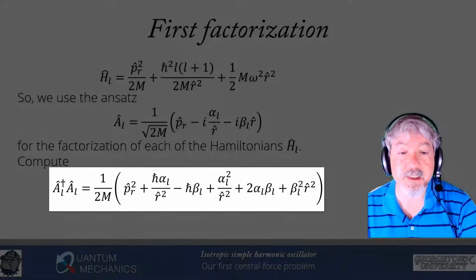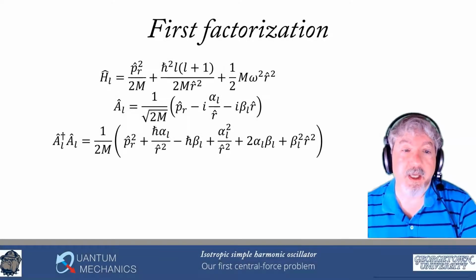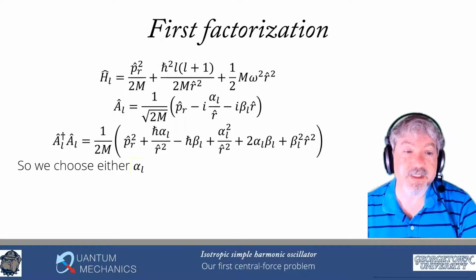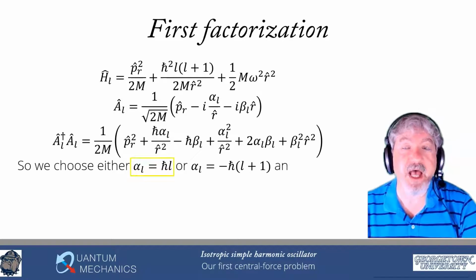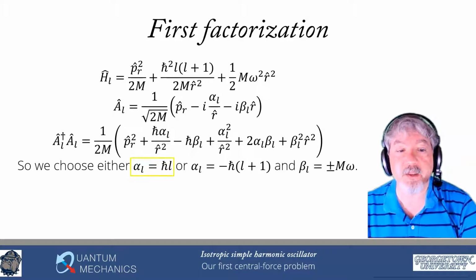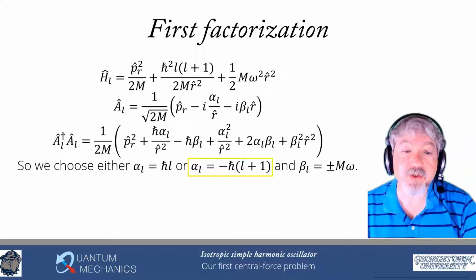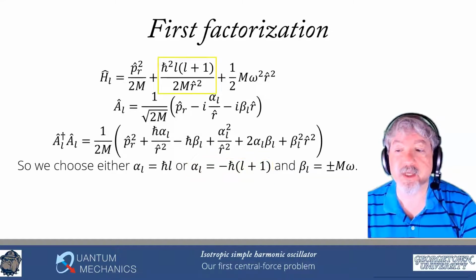All right, now we just need to collect our terms, and you can see that if I chose alpha L equals h bar L, or if I chose alpha L equals minus h bar times L plus 1, we're going to get that term h bar squared L times L plus 1.